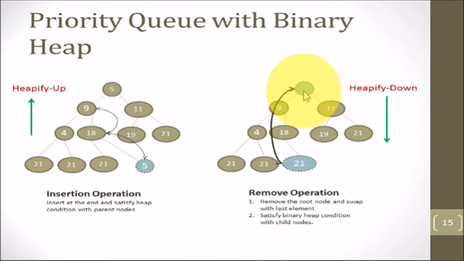The parent node will check whether it is less than its children or not. Once 21 is here, it will check if 11 or 9 is greater than 21. No, it's not, so it will replace it with the other child, and so on until the heap condition is satisfied.